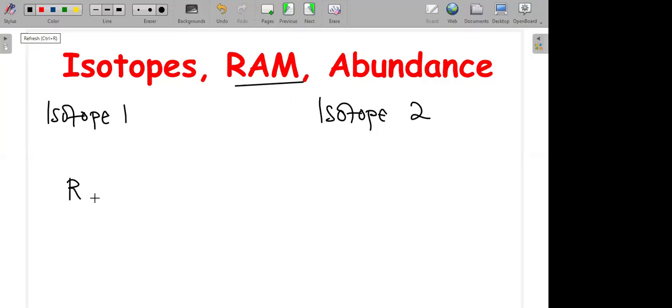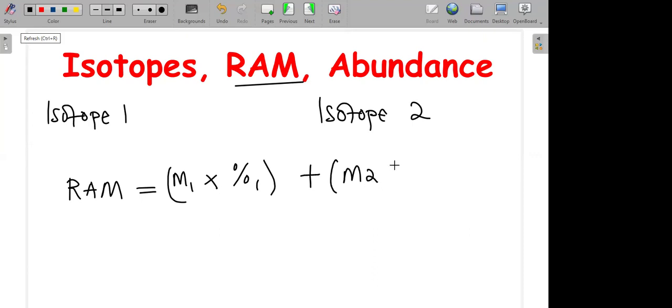You're going to say the average atomic mass, usually denoted by RAM, is equal to the mass of isotope 1, you represent it as M1, multiplied by the percentage abundance of this isotope 1. So I'm going to write percent 1 here, and then you say plus the mass of isotope 2 multiplied by the percent for isotope what? 2.